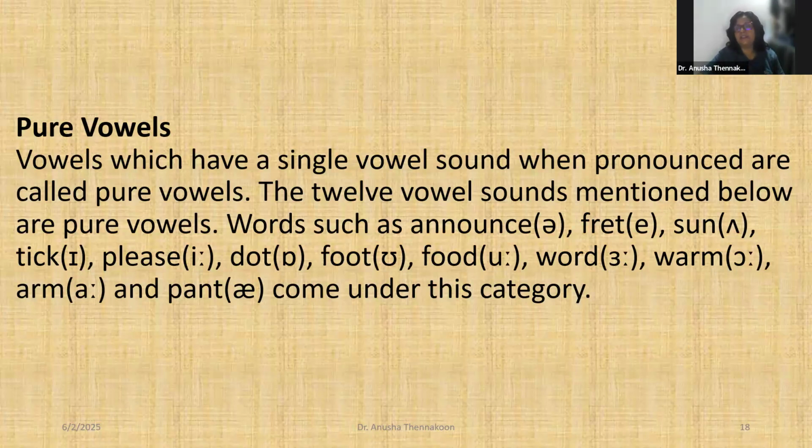Fret, sun, tick, please, dot, food, word, warm, arm, pan. Here there are certain sounds with phonetic symbols. These 12 sounds are pure vowels. Don't take these things very seriously, but just get to know these things are there.